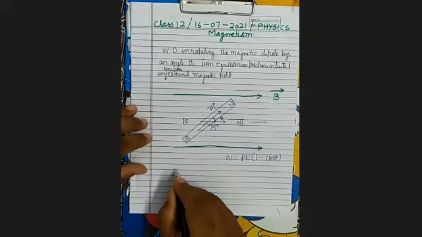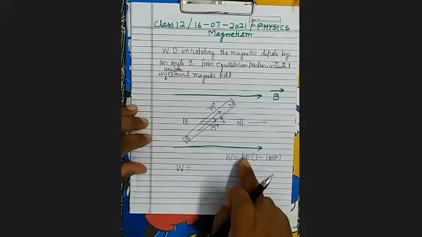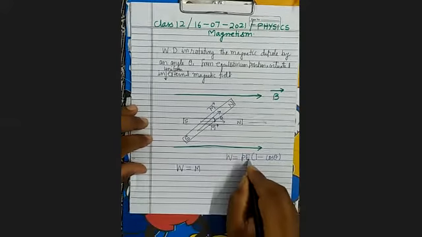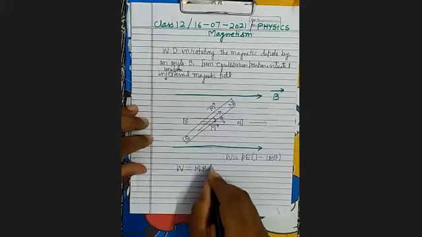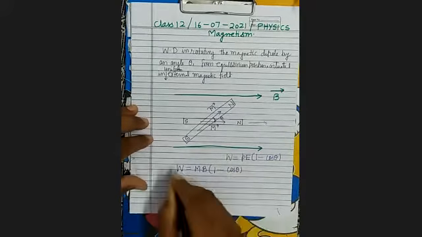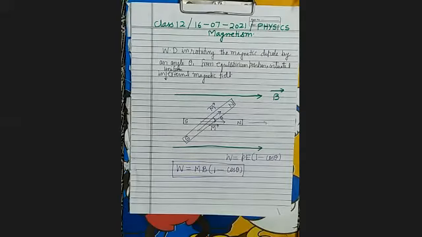So see here, what will be the term in place of P? It is electric dipole moment, here magnetic dipole moment. Here it is electric field, here it will be magnetic field. (1 minus cos theta). This will be the work done. It's clear.